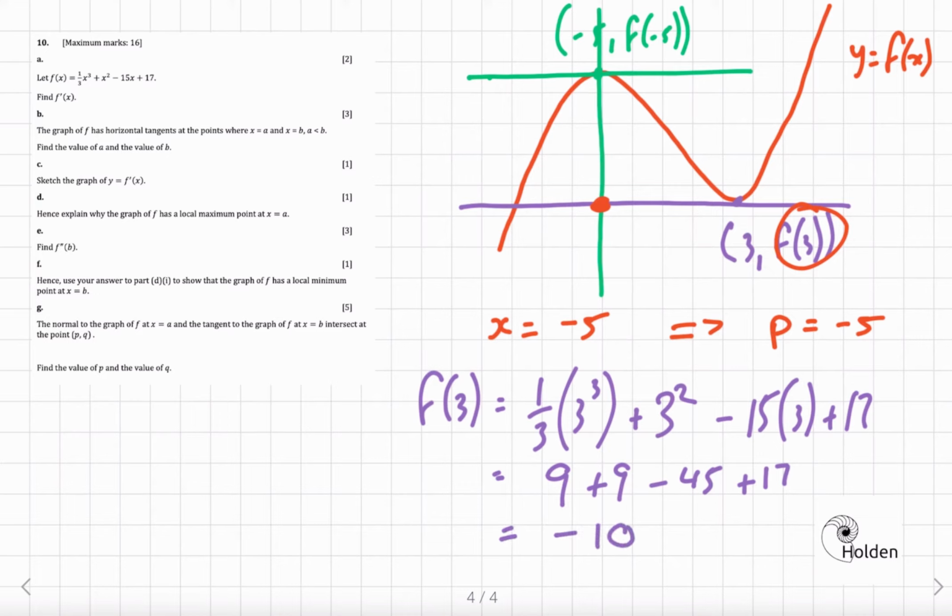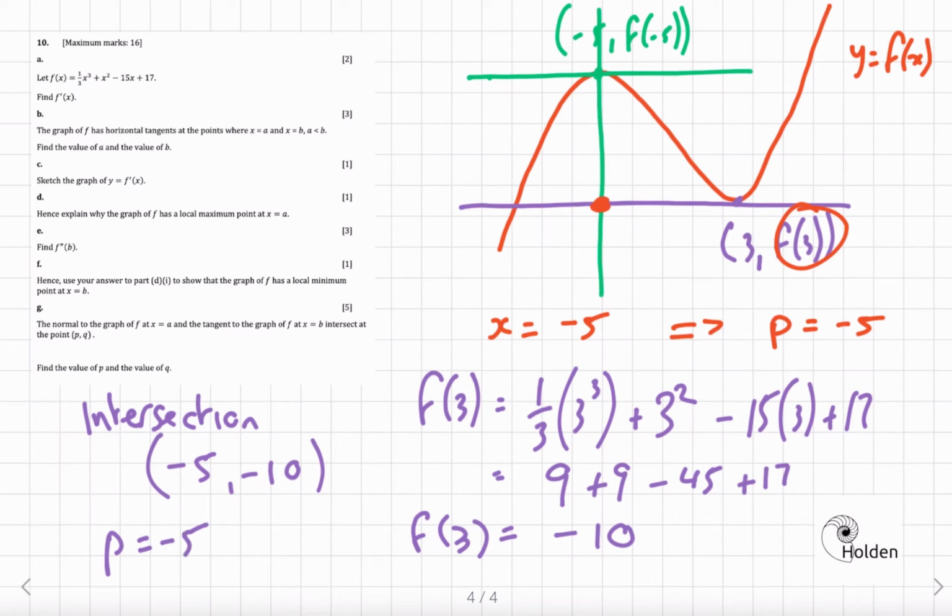So f of 3 is minus 10, and that now gives us the coordinates. So the intersection point is -5, -10. And that tells us that p equals -5 and q equals -10.